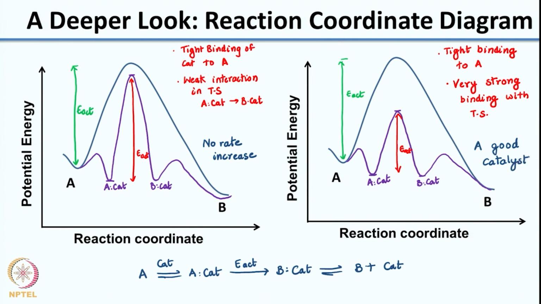So, the lesson that you learn looking at all of this is that a good catalyst should be designed such that it has a greater affinity for the transition state as compared to the reactant. Alright. So, a lot of times when people also try to inhibit enzymes. So, in our body a lot of problems or diseases that we get is due to some enzyme catalyzed reaction.